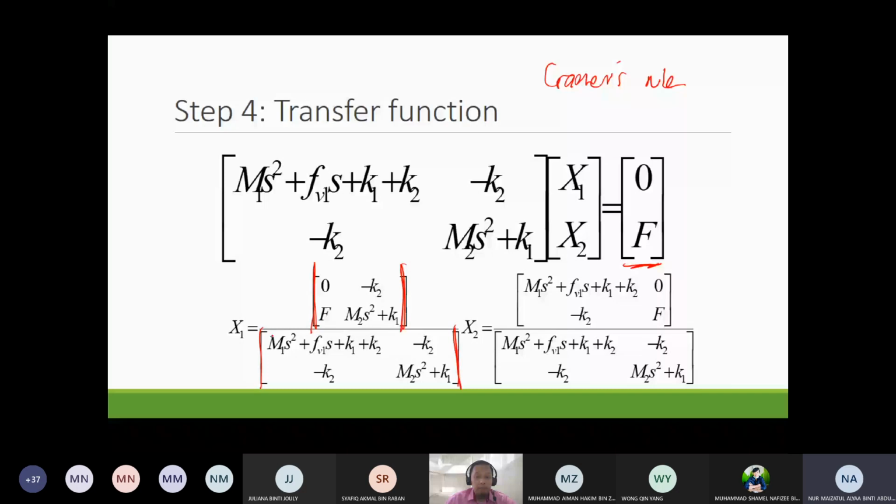For x2, you find the determinant of the big matrix, but substitute the second column with 0 and f, divided by the determinant of the original big matrix. So for x1, you substitute 0 and f into the first column, but to find x2, you substitute 0 and f into the second column.